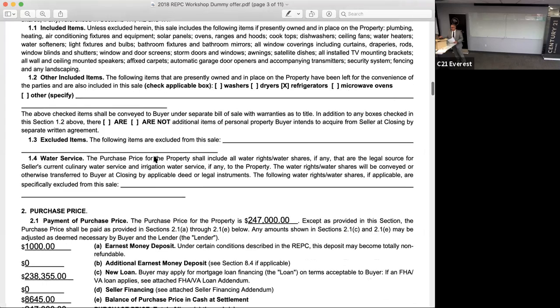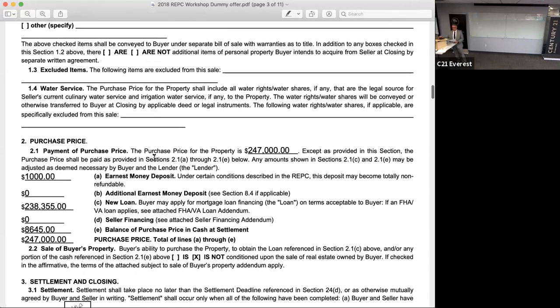All right, next. Any concerns on section 1.3, the excluded items? Yeah, no, nothing on that. But here's the thing I want to mention: if you are excluding things, then I would list them in there. For me, this is always another reminder.